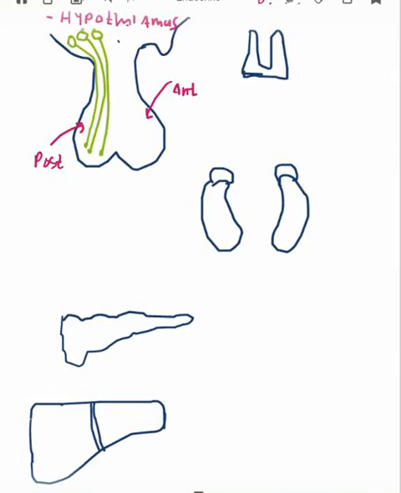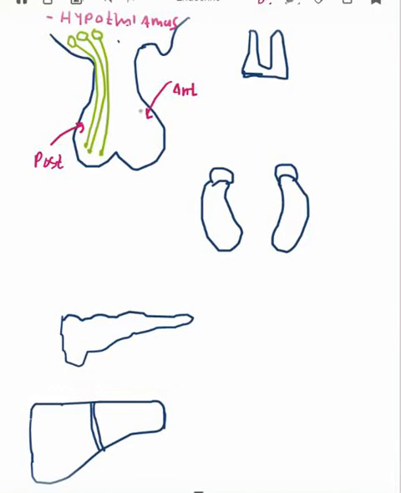So these little green circles here are the soma, the cell bodies for these neurons, and the hormones are produced in these neurons, and then they travel down this little pathway into the posterior pituitary gland, where they are stored in the terminal axons of these neurons. So really, the posterior pituitary gland is nothing more than an area where hormones are stored. It's more or less just a tool for the hypothalamus.